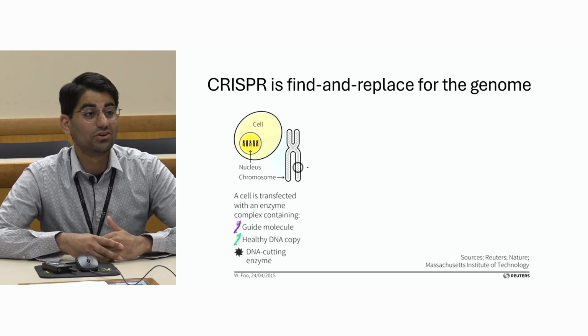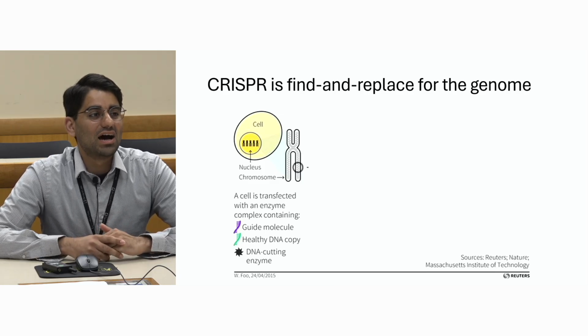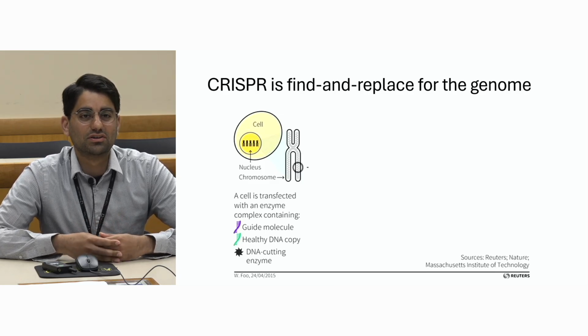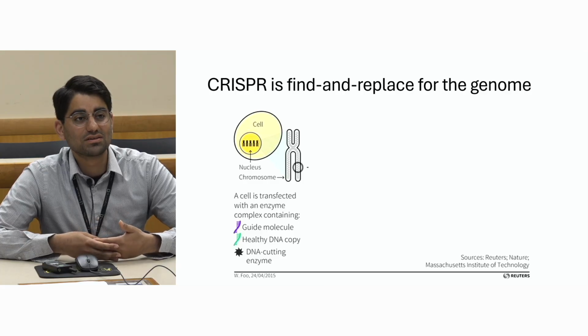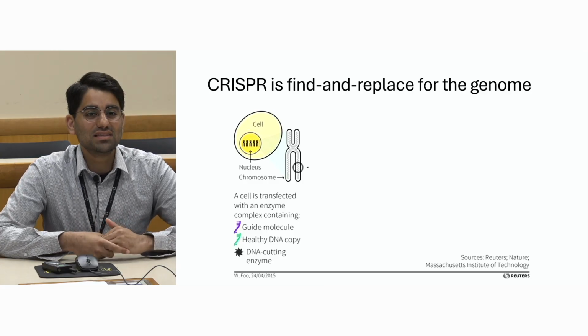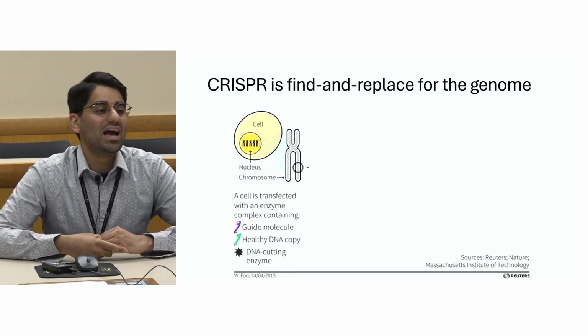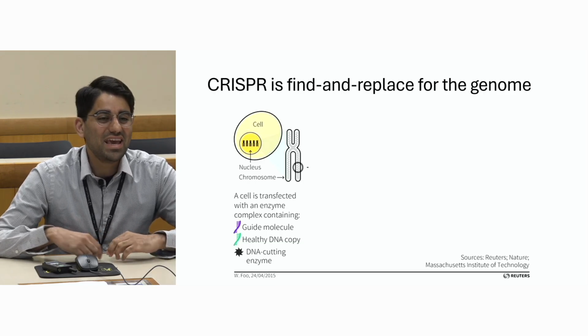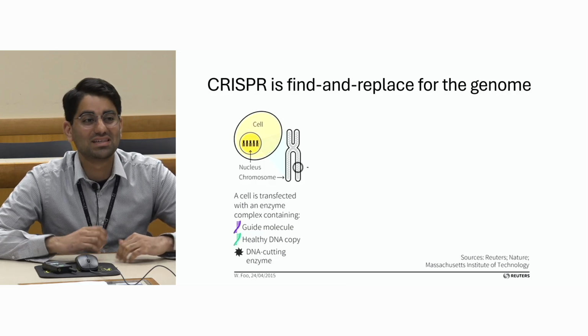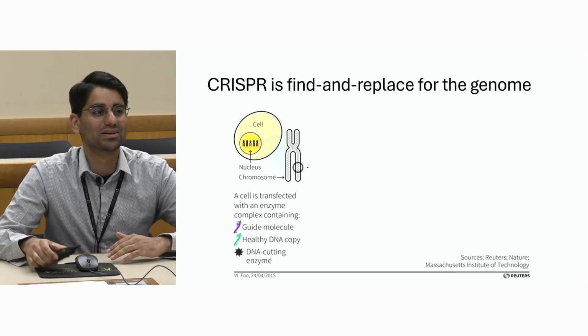CRISPR won the Nobel Prize in 2020 because it's such a transformational technology. It actually comes to us from nature. It's a defense system that bacteria use against viruses, and we have been able to take that system and implement it in other cells. Here's how it works.